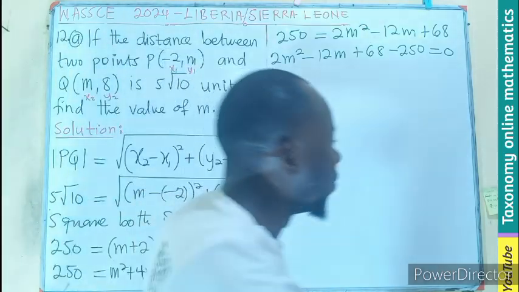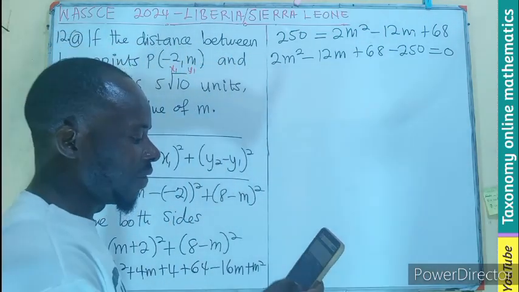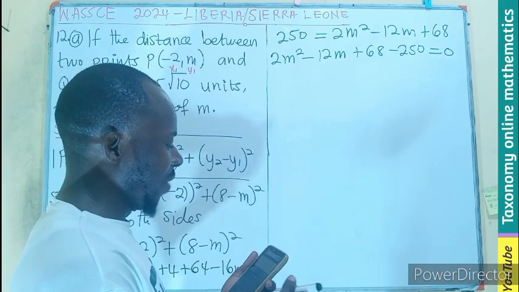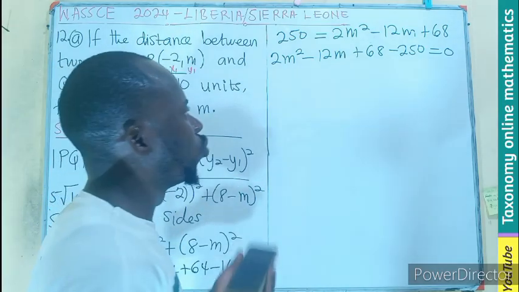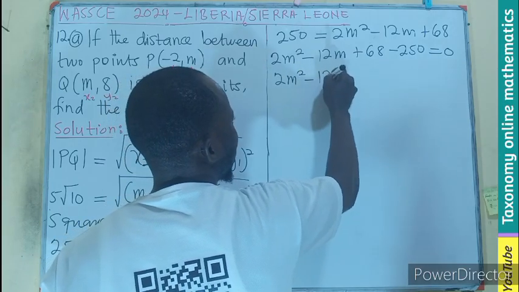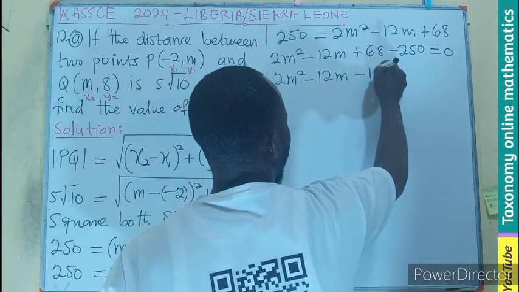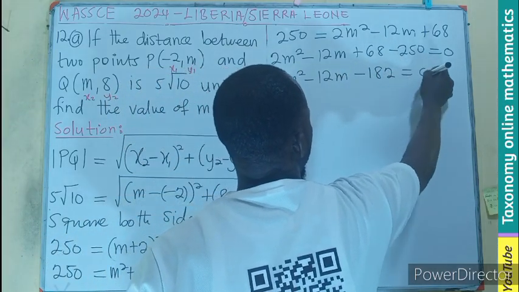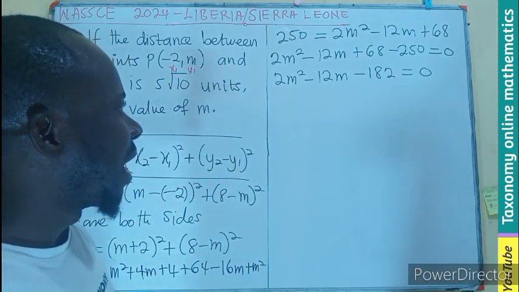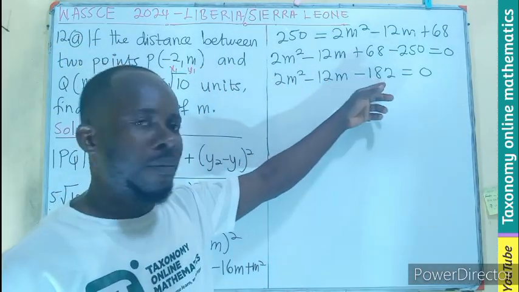So we can perform the arithmetic of 68 minus 250, and that will give you negative 182. So 2m squared minus 12m minus 182 equals 0.